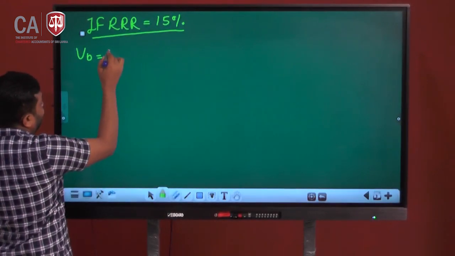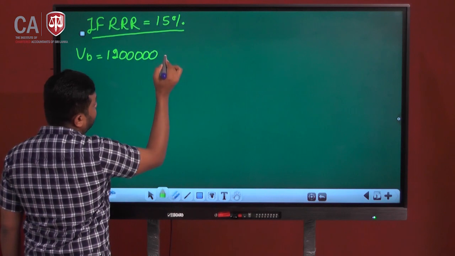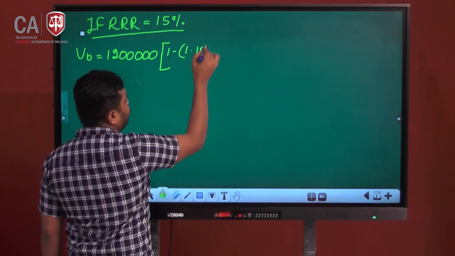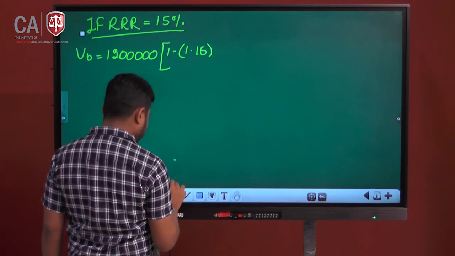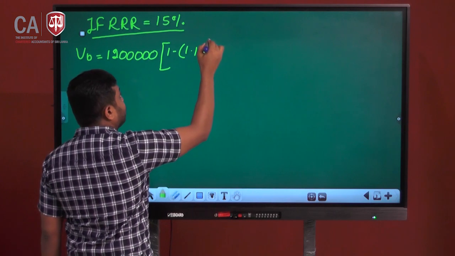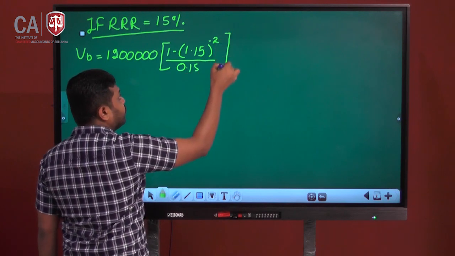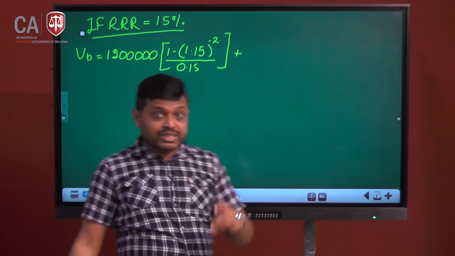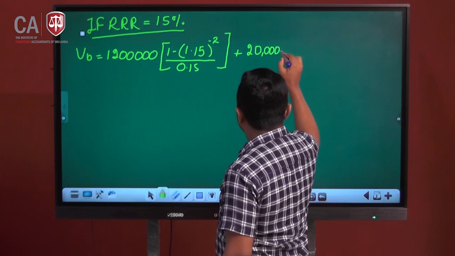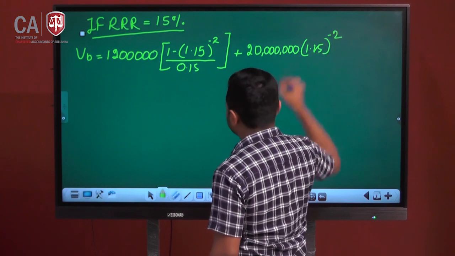Value of bond: 1.2 million times (1 minus 1.15 to the power minus 2) divided by 0.15, plus the present value of 20 million times 1.15 to the power minus 2.